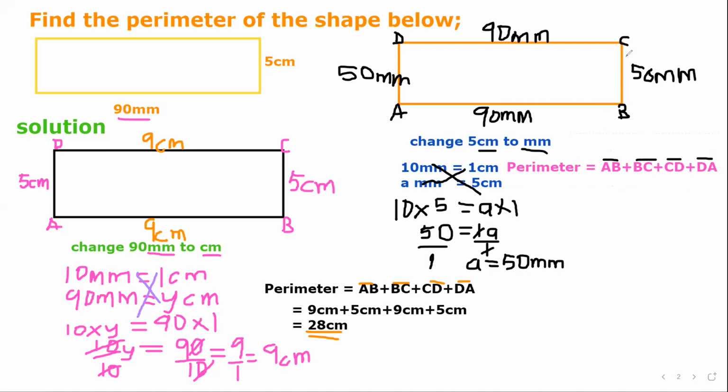So line AB plus this plus that. Okay, good. Therefore, the perimeter is 90 millimeters plus 50 millimeters plus 90 millimeters plus 50 millimeters. Okay, good.